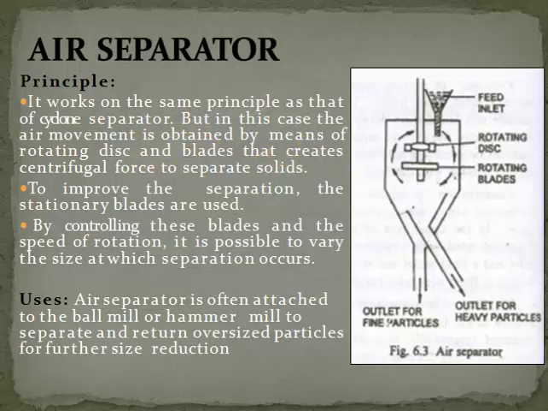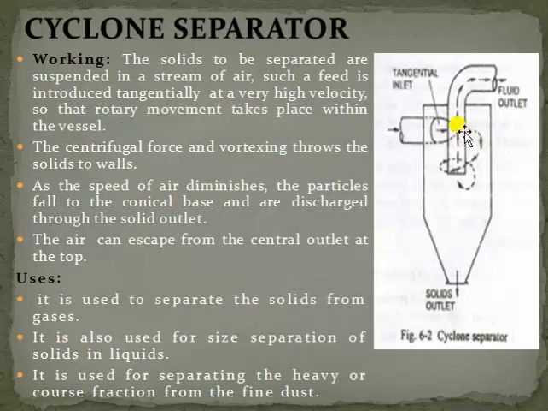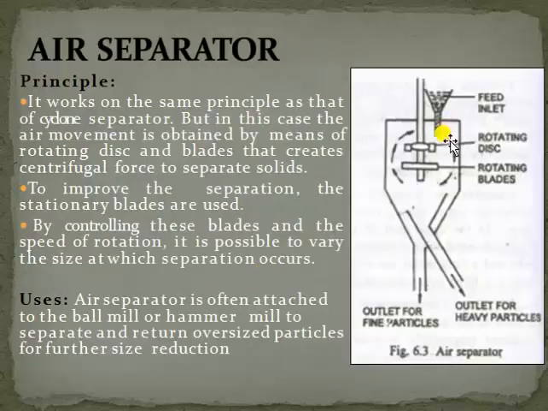In a cyclone separator, the velocity of air generates the cyclone effect or vortex movement, but in an air separator, the rotating disc and shaft create the centrifugal force. It works the same as a cyclone separator, but with the addition of a rotating disc and rotating blade.